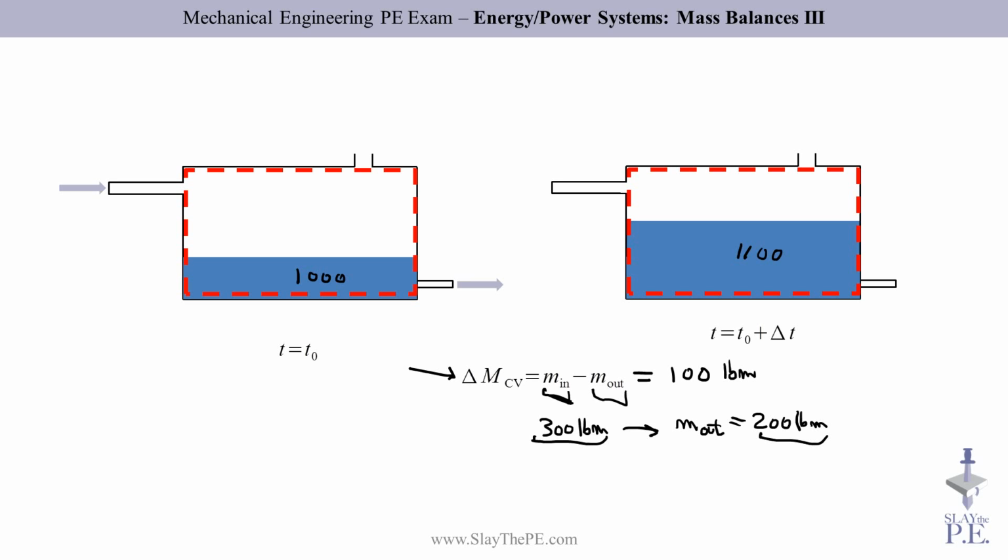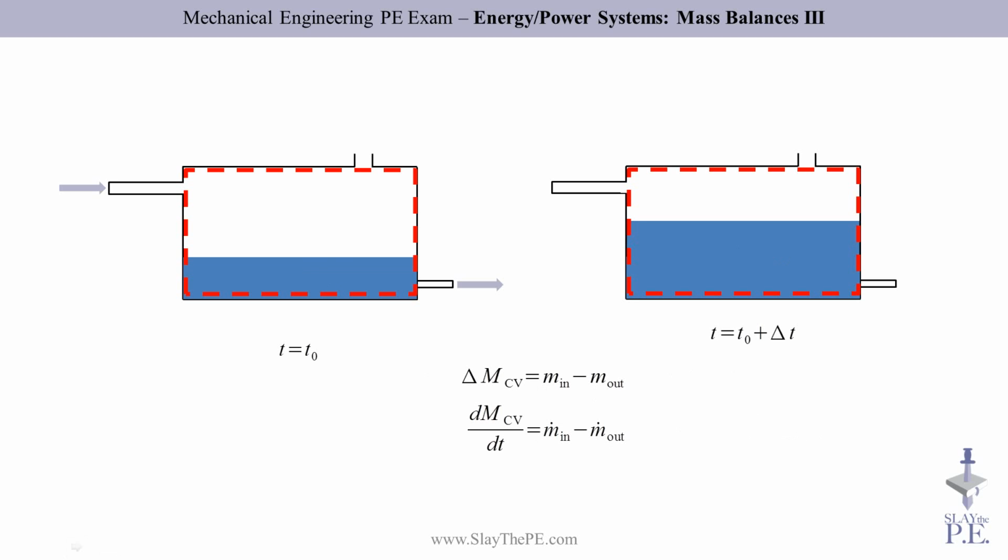Now, if you take this equation and divide it by delta t on both sides and take the limit as delta t goes to 0, we can show, we're not going to do it here, that we obtain this expression, which is known as the rate form, which is quite more useful for problems, especially in the PE exam. The rate form essentially says that the rate at which the mass of the control volume changes with time is the difference between the rate at which mass enters minus the rate at which mass leaves.